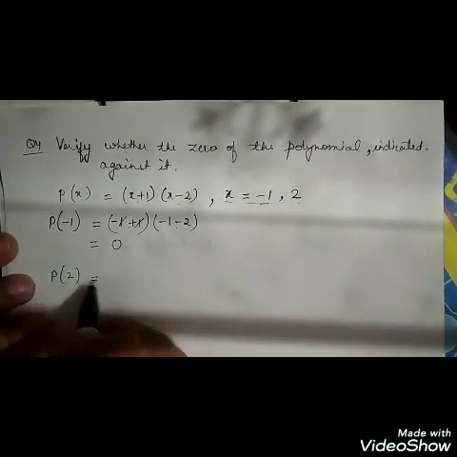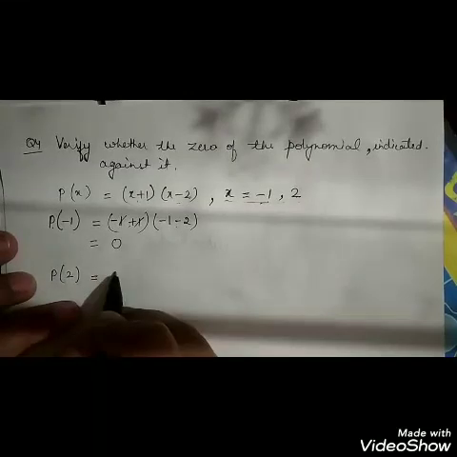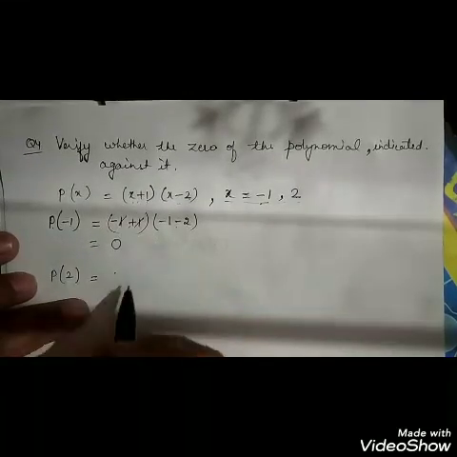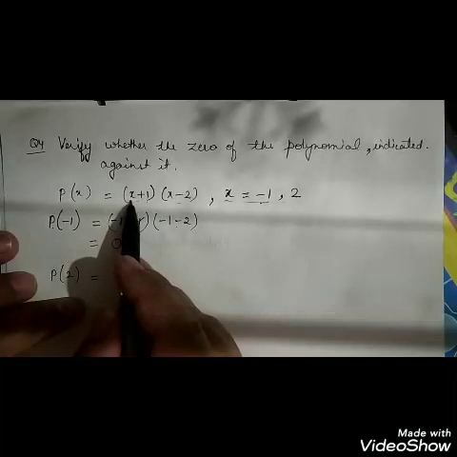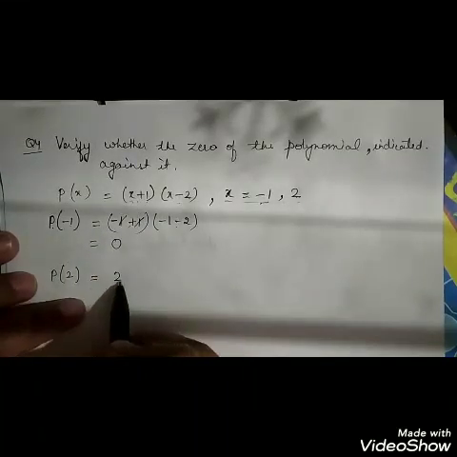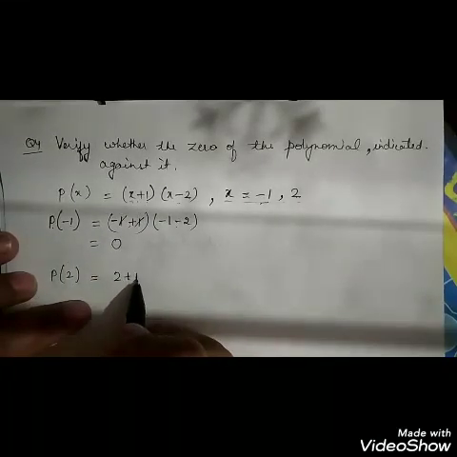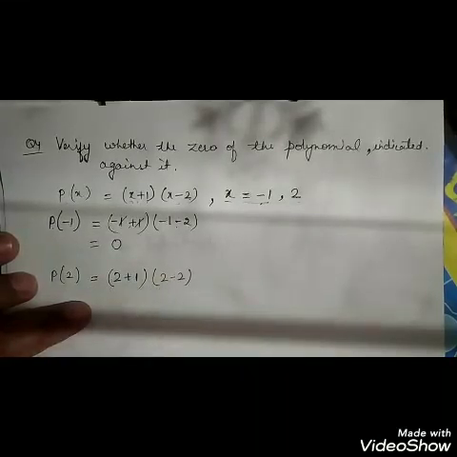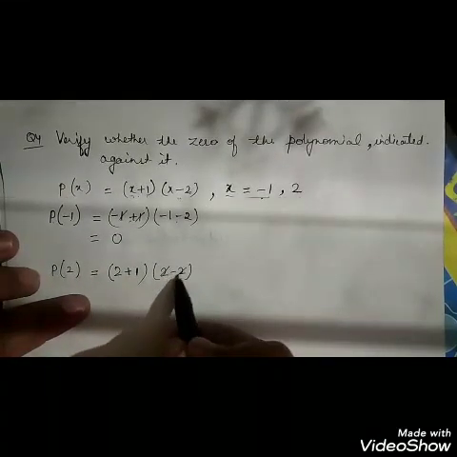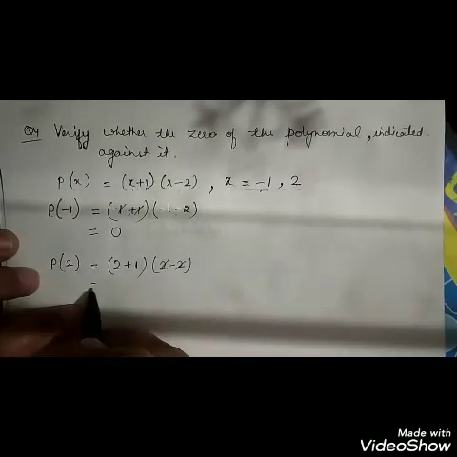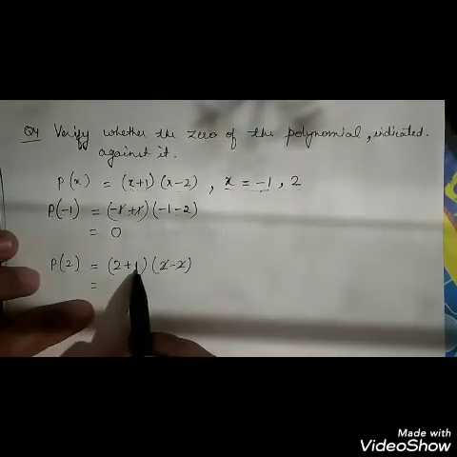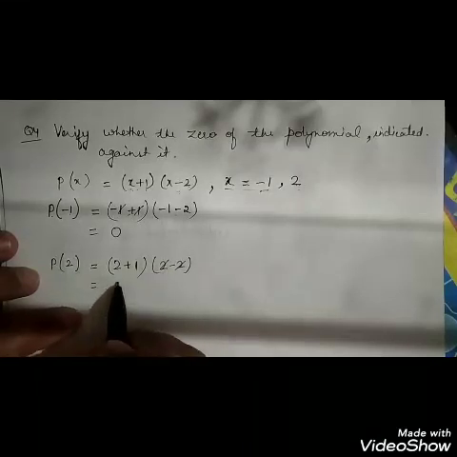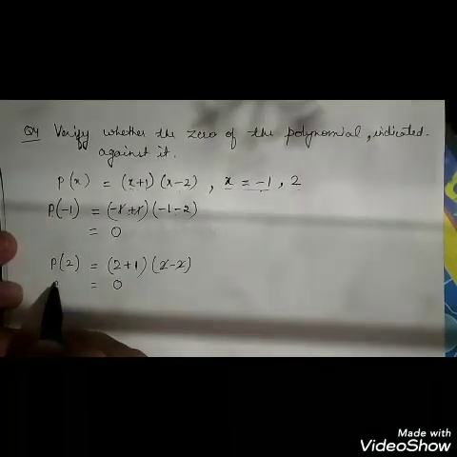Now p(2) = (x + 1)(x - 2). In place of x we will substitute 2: (2 + 1)(2 - 2). 2 - 2 cancels out. What we get? 2 + 1 is 3, but multiplied by 0 it will become 0.